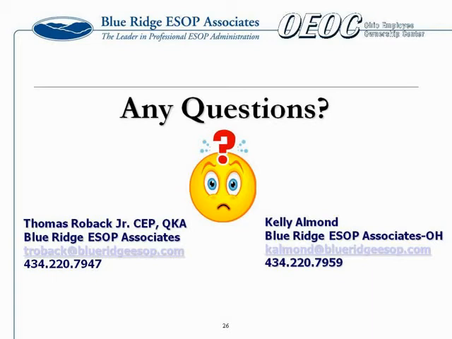Okay, we have no pending questions. I do have one, though, and maybe there isn't a good answer for this, but I'm curious, Tom and Kelly. You've referred to the plan document quite a bit, and as an administrator you need to be very familiar with it.